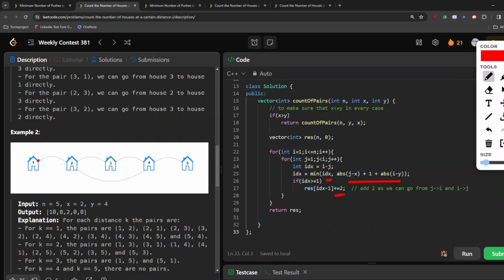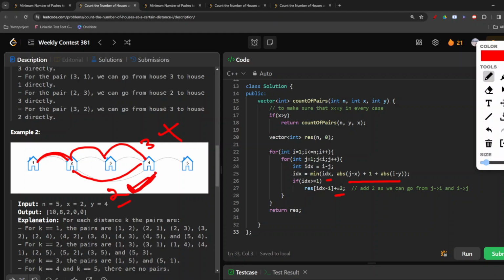See here, going from 1 to 2, and then from 2 to 4, we get 2 as the distance, right? But if we take 1 to 2, 2 to 3, 3 to 4, here we get distance as 3. So we will be checking whether this particular one is minimum or that one is minimum, but this is not minimum, this is the one.